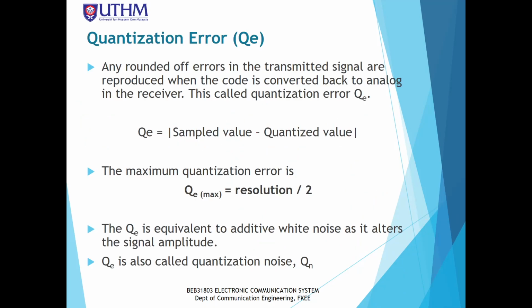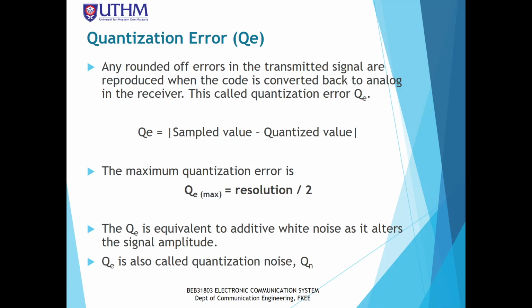And we have seen quantization error. When we do the quantization process, we round up the sample value to the nearest quantized level. When we do the rounding up process, we are creating an error. This is what we call quantization error or quantization noise.